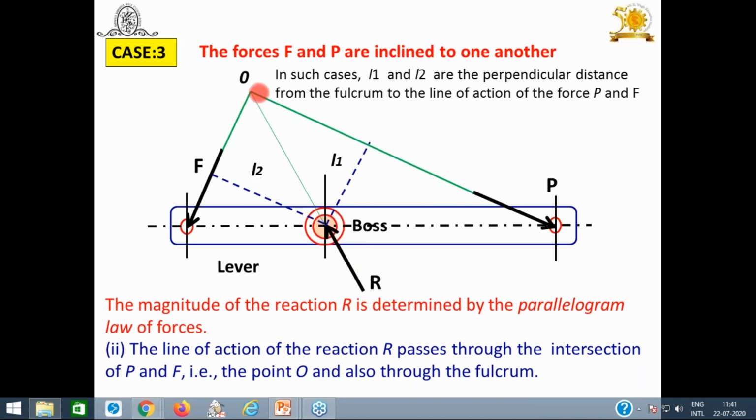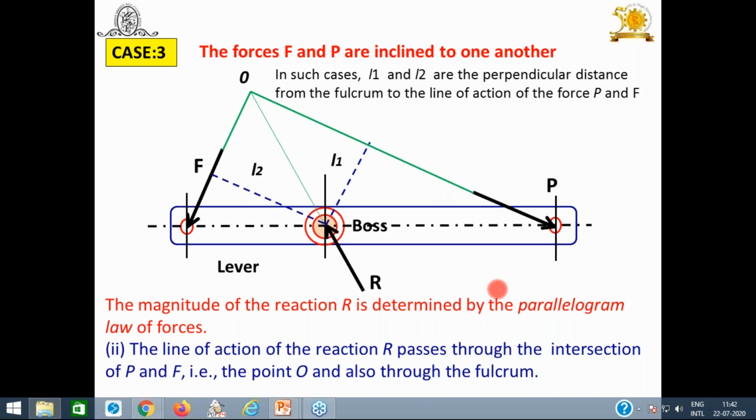Look at this, and you can use the parallelogram law of forces to find out the reaction R. In basic electrical engineering, in applied mechanics, in strength of machine elements, you have already used this parallelogram law of forces. By using this, we can easily find out the reaction.